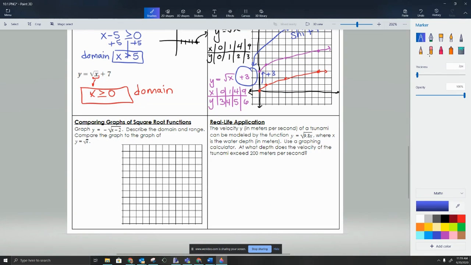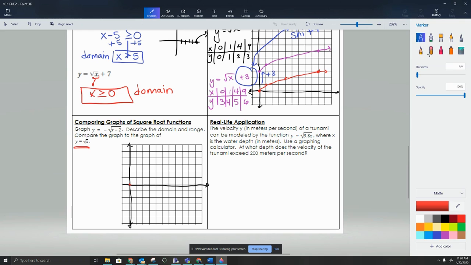Okay, so let's talk about this first. Well, let's go ahead and graph y equals square root of x. And this time I'm going to just put the x-axis centered, because I think the negative is going to throw us for a loop a little bit. Okay, so we already know how to graph y is equal to the square root of x right there.